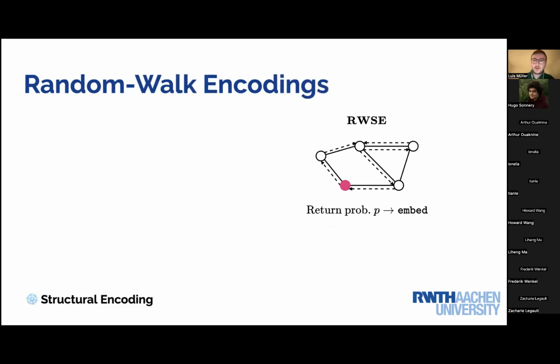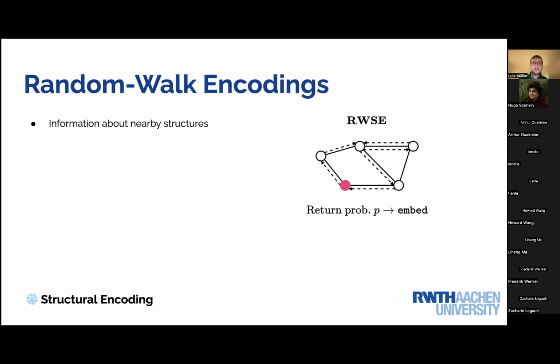An example for a structural encoding, and this is a very popular one, is where you start at a node and do a lot of random walks. A random walk is just going from one node to a next node, or to yourself, by some probability. And then we repeat this for a certain length and count essentially how many times we return to the starting position. And this information we embed.